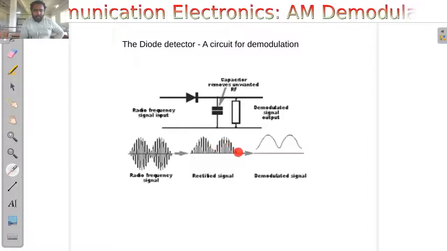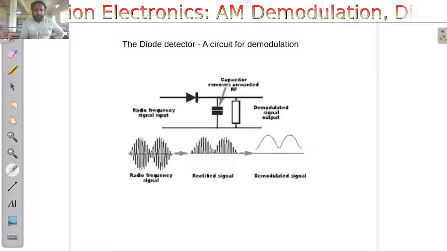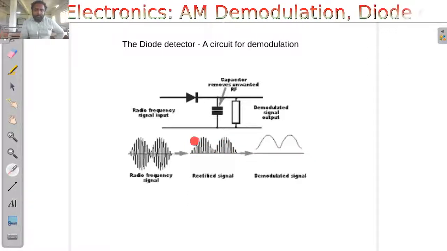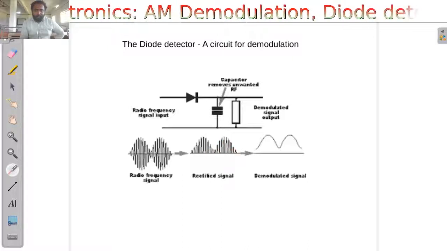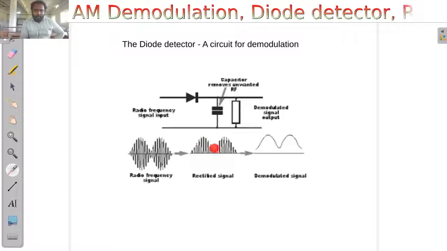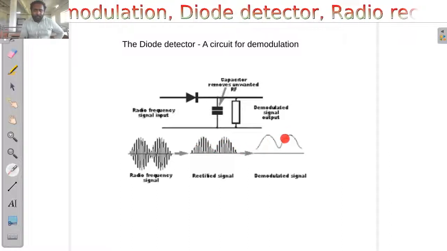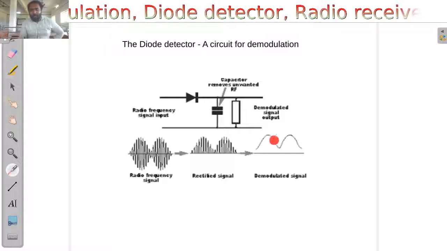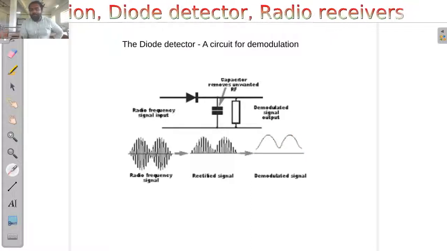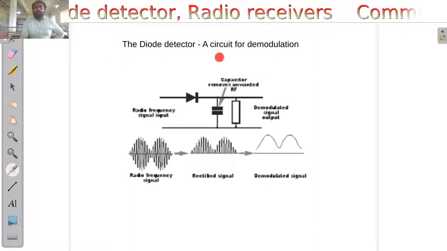And as a result, it will be following the envelope of the rectified signal. So when you join the peak amplitudes of the rectified signal, you get the envelope like this. So this is the envelope, and the envelope represents our demodulated message signal. Okay, so this is a diode detector.